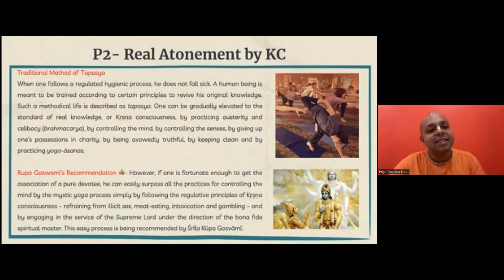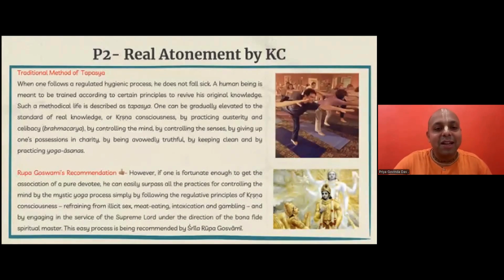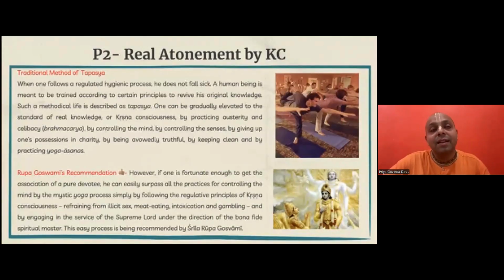And engage in the service of the Supreme Lord under the direction of a bona fide spiritual master. So do your service under the bona fide spiritual master. This easy process is being recommended by Srila Rupa Goswami. Through this easy process we can really atone and revive our dormant Krishna consciousness so that we again don't commit sinful activities.